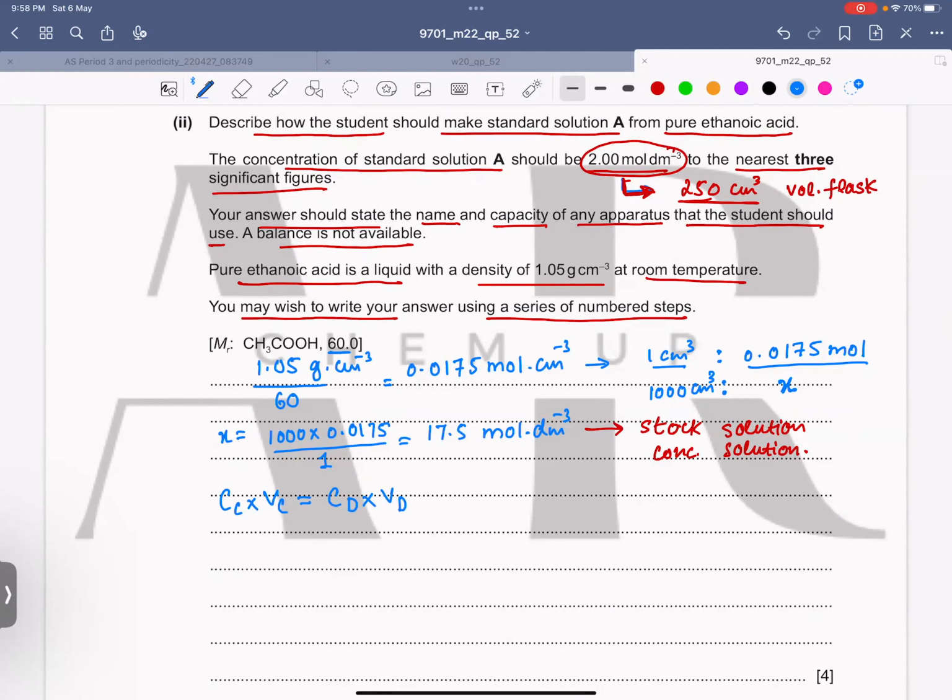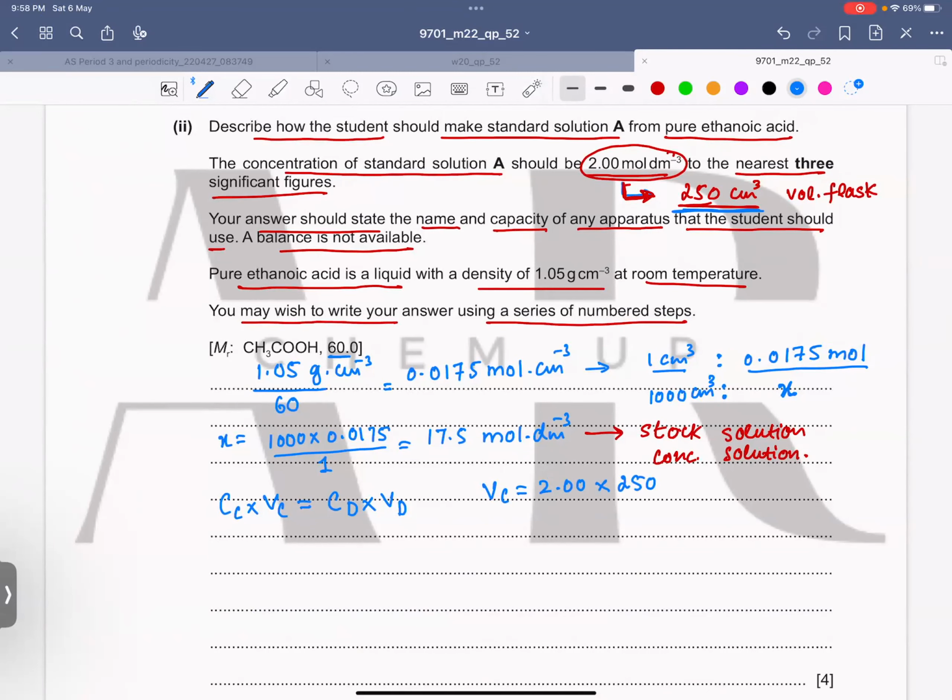So the volume of the concentrated solution is equal to the concentration of the dilute solution, which they have provided as 2.00 mole per dm cube, times 250 centimeter cube, the volume of the volumetric flask, divided by the concentration of the stock solution, 17.5 mole per dm cube. So can anybody tell me the answer, please?